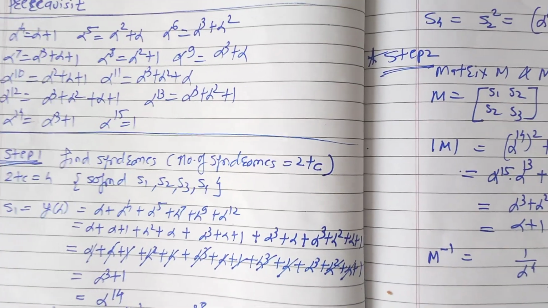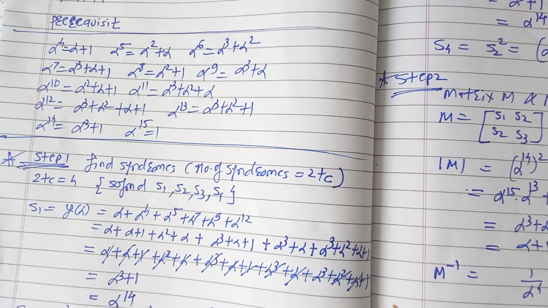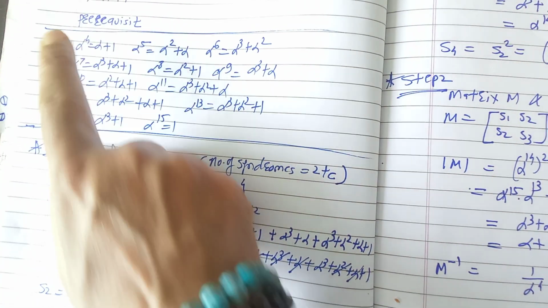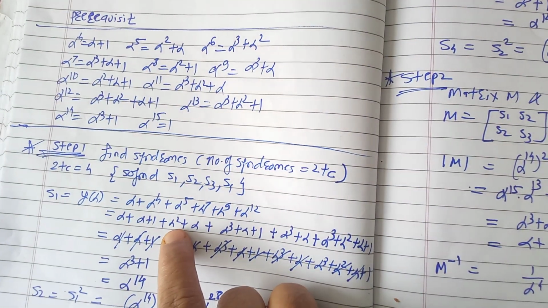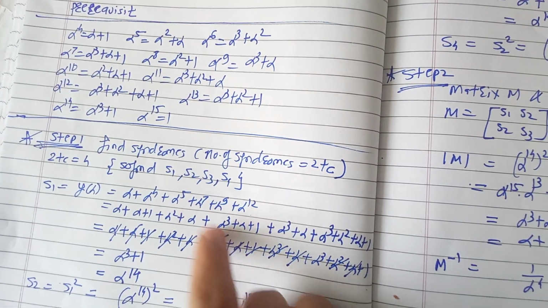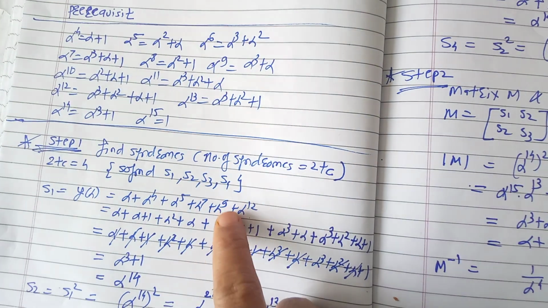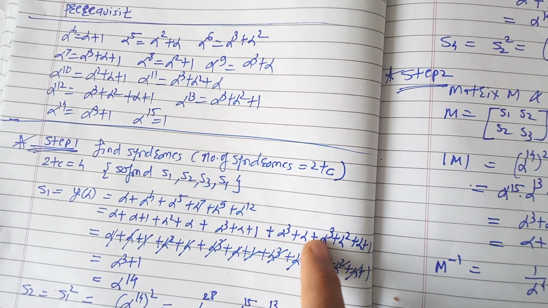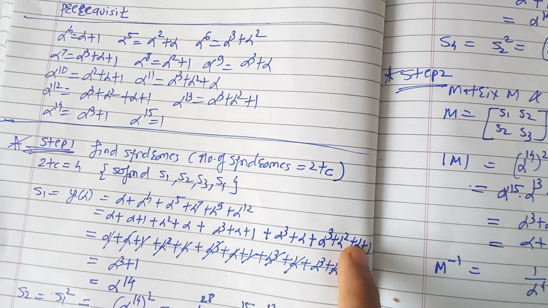After that you have to put in the values. Alpha is alpha, alpha 4 is alpha plus 1, alpha 5 is alpha square plus alpha, alpha 7 is alpha cube plus alpha plus 1, alpha 9 is alpha cube plus alpha, and alpha 12 is alpha cube plus alpha square plus alpha plus 1.